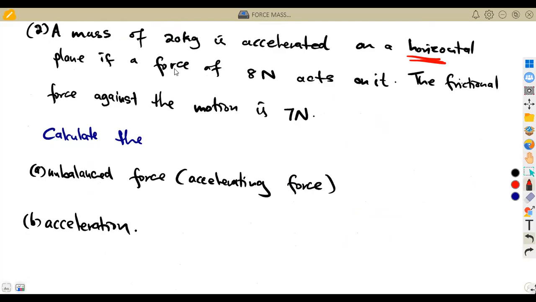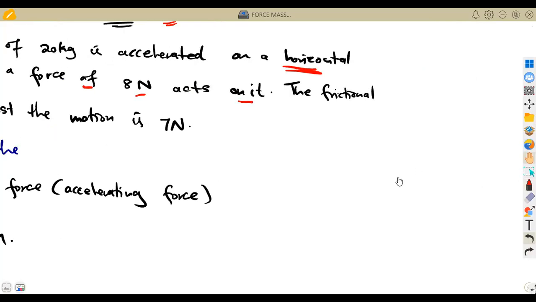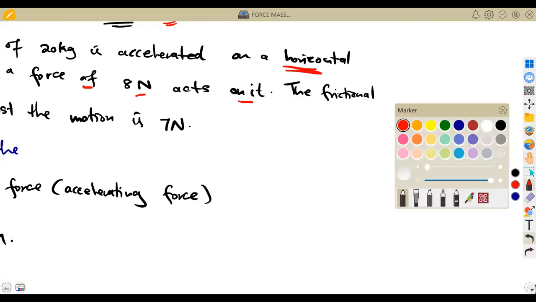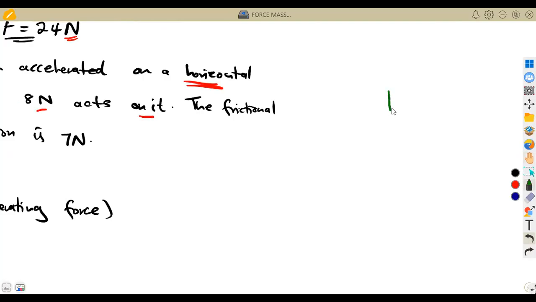If a force of 8 Newton acts on it, so we have got the force that is acting on this body. Let us just have our body aside here so that we do not confuse. I just want to have it aside here. So this is our body here, which is on a horizontal plane.